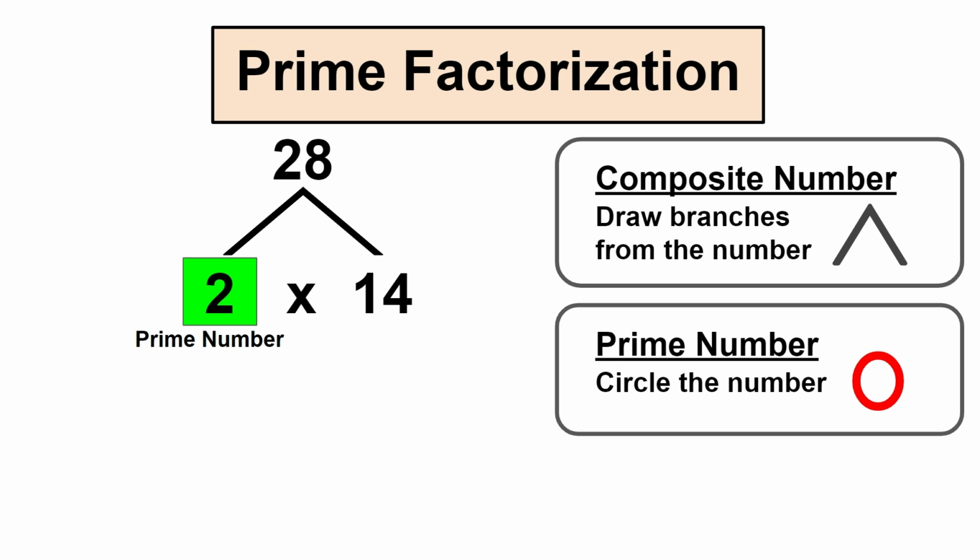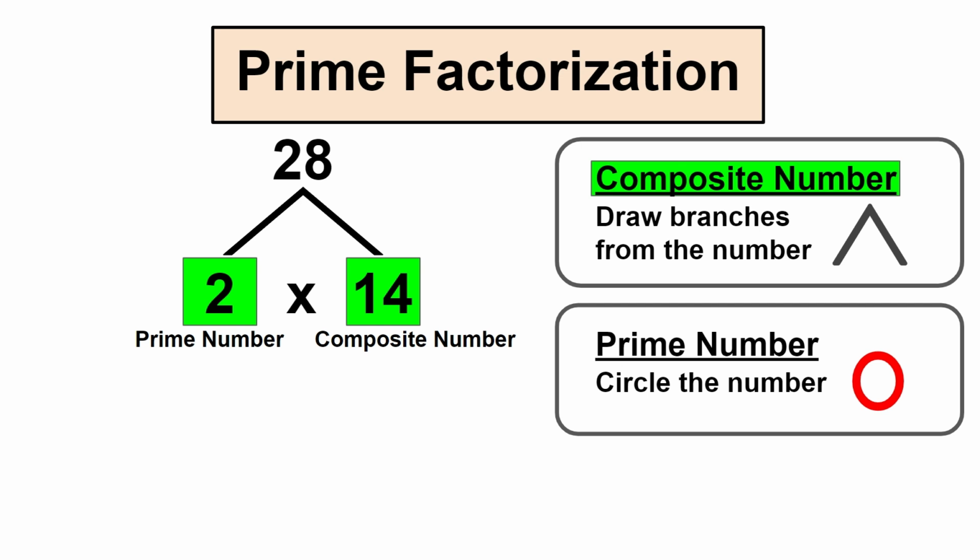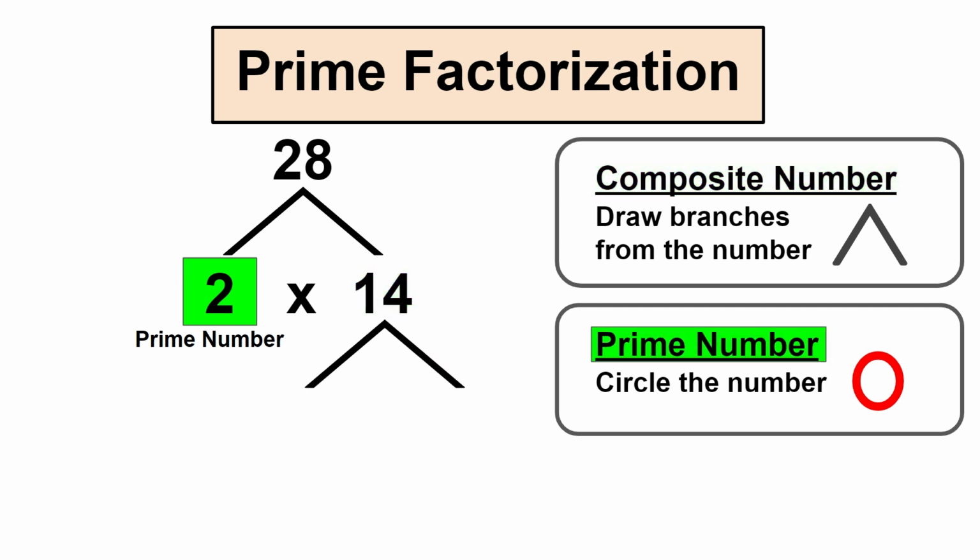And we know that 14 is a composite number since it can be divided by more than the number itself and 1. Now remember, if it's a composite number, we need to draw branches from that number so that we can continue factoring it. And if it's a prime number, we should circle it since it's a part of the prime factorization of 28.